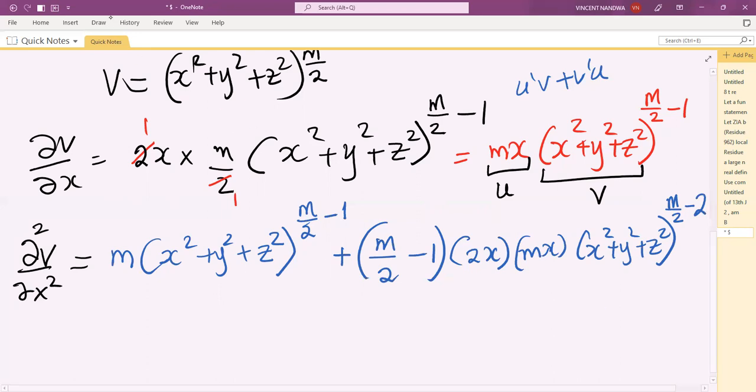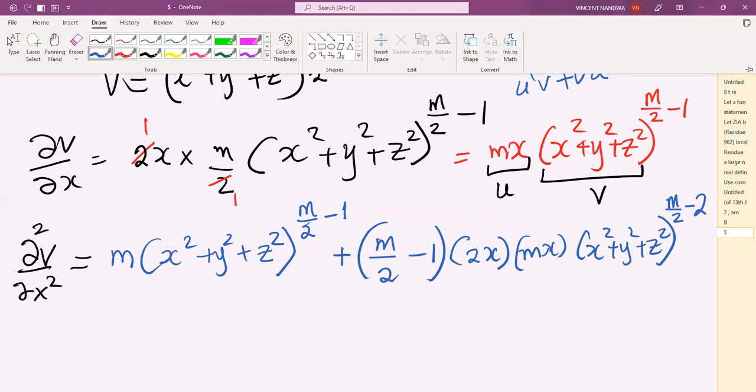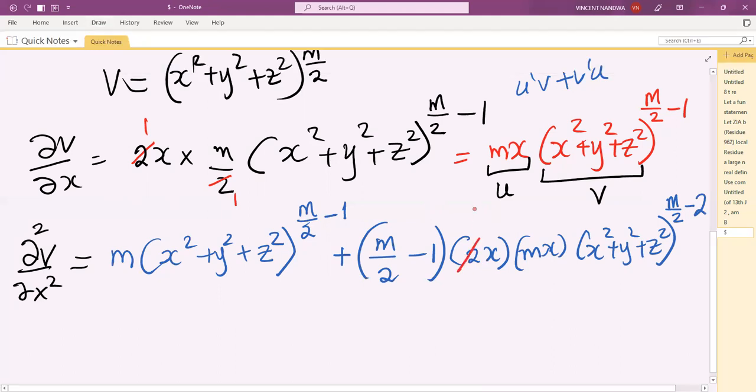So by doing this, 2 cancels with this 2 here. But then remember, this is the same as 2 over 2, because m over 2 minus 1 is the same as m minus 2 over 2. So you can actually extend this line and write m minus 2.